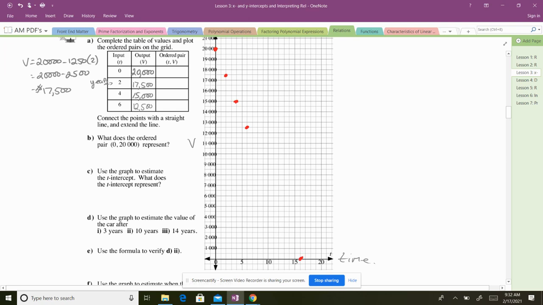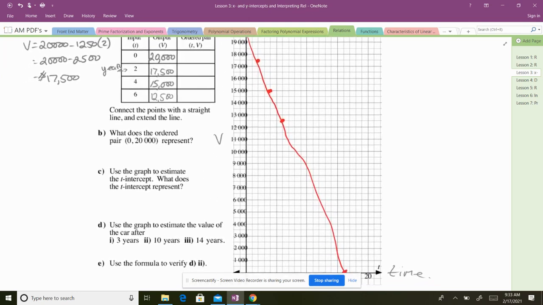I'm just drawing this freehand. Wow. That is a horrendous line, people. That is supposed to be a straight line. That is horrendous. But we'll go with it. Okay.